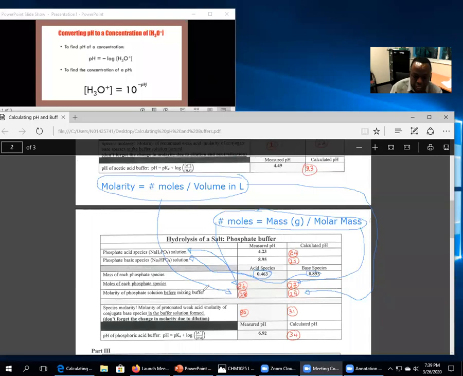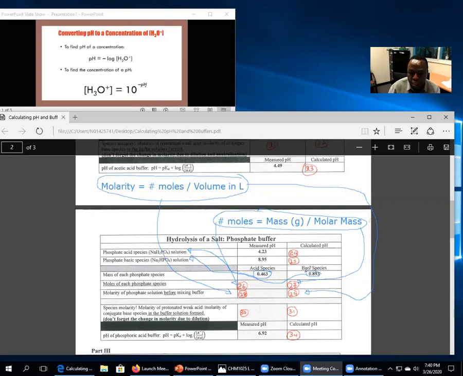The 30 ml is just what you are now taking out of the 50 ml solution prepared for each species, to prepare the buffer solution. So what we'll need here is the total volume of deionized water for each species used to dissolve the given mass of each one of them.